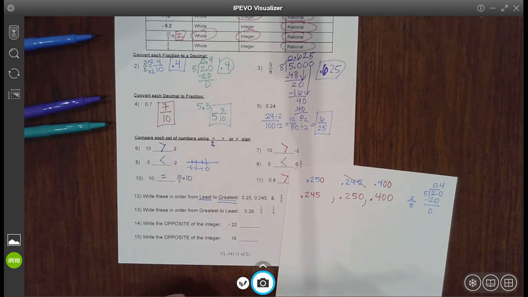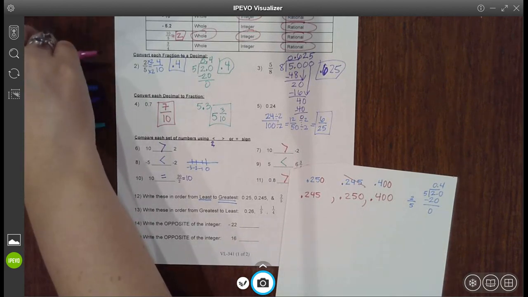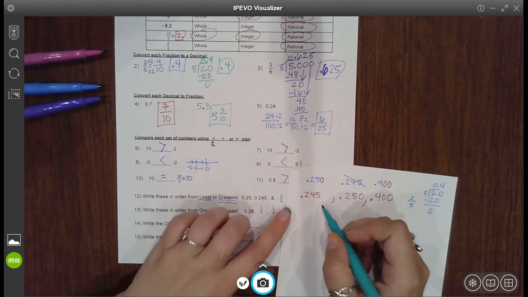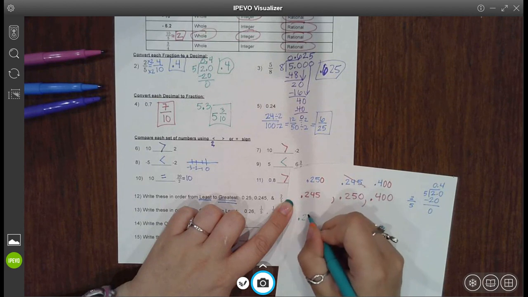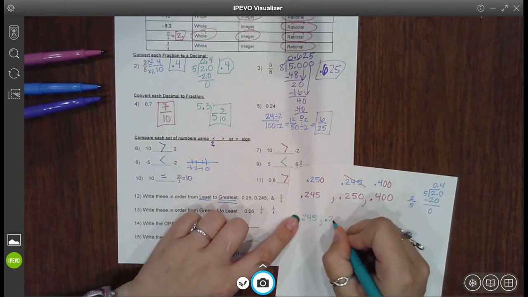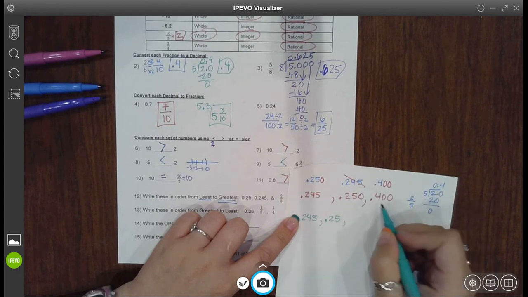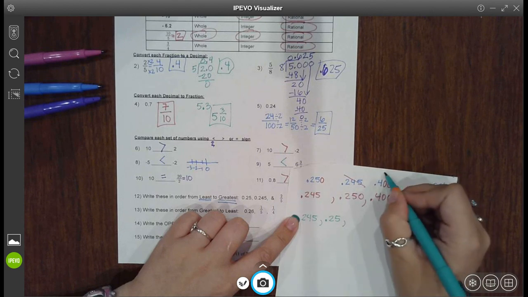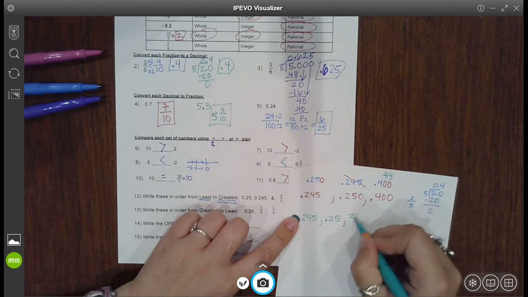After you have it in the correct order, you always want to rewrite it how it was initially given to you. So the 0.245, that's how it started. The 0.250 was initially given to you as 0.25. And the 0.400 was actually initially, wasn't it given to you as 2/5?